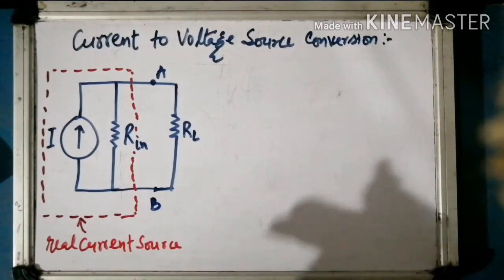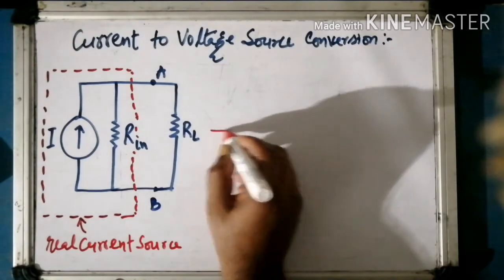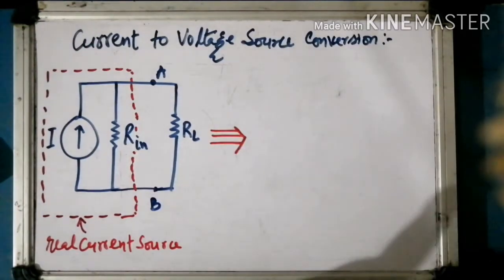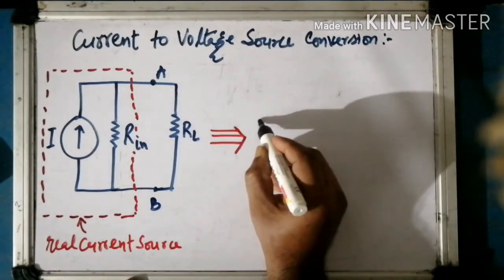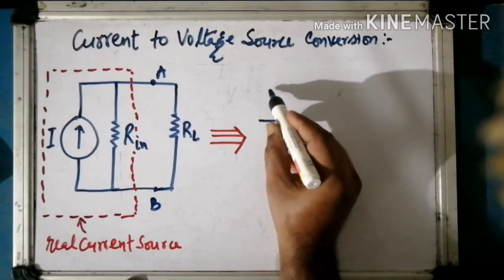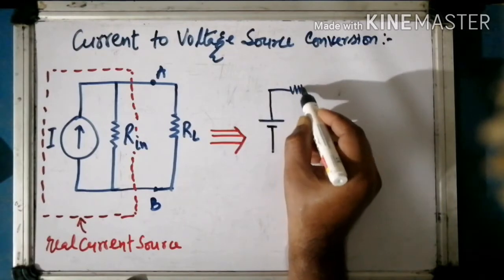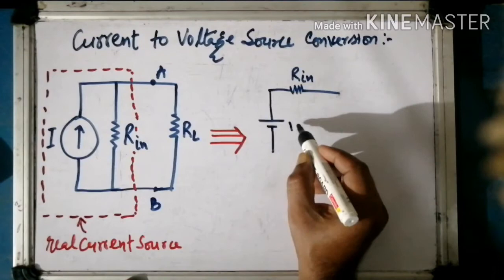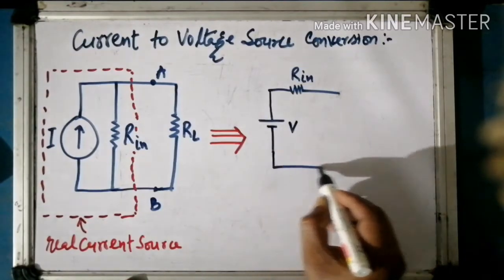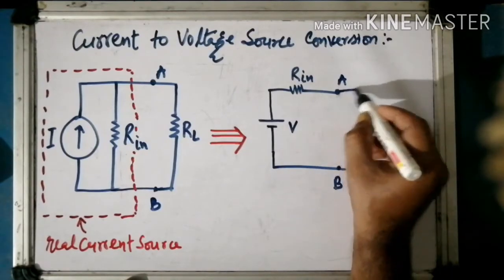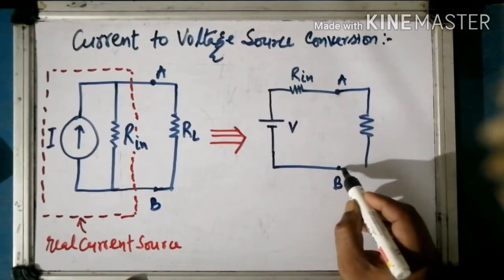Right? I am going to convert it into an equivalent voltage source. See, this one is the equivalent voltage source with internal resistance connected in series with the voltage source, that is V. These are the points A and B. In between, load is connected.